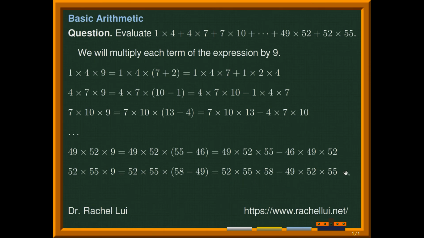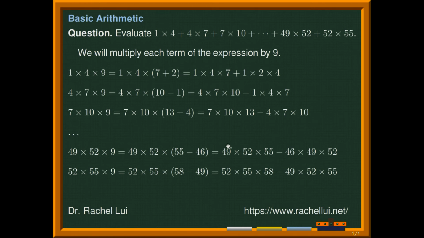So what I have to do right now is add all these terms. But at the end, I need to divide it by 9 so as to get this answer. So right now, I try to add all these terms. 1 times 4 times 7 can be cancelled out by this term. 4 times 7 times 10 can be cancelled out by this term. And so on.